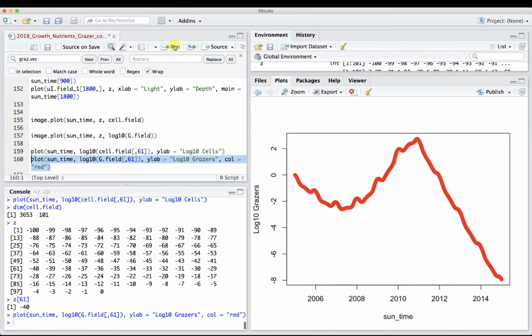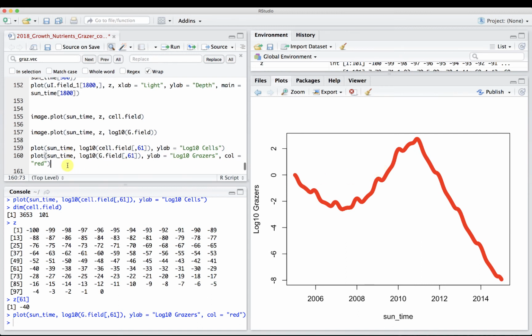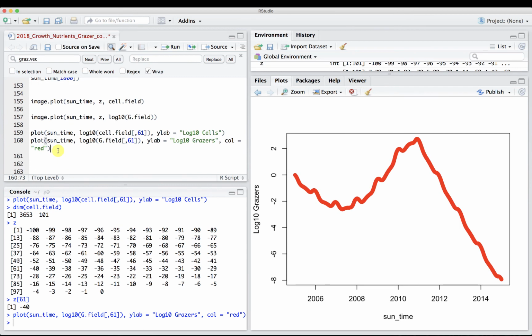Go ahead and plot that. Okay. We see Grazers kind of have this oscillation and then come up, and they kind of go down and they come up. Remember, this is in log 10 space. So we have Grazers that are very, very, very low numbers.